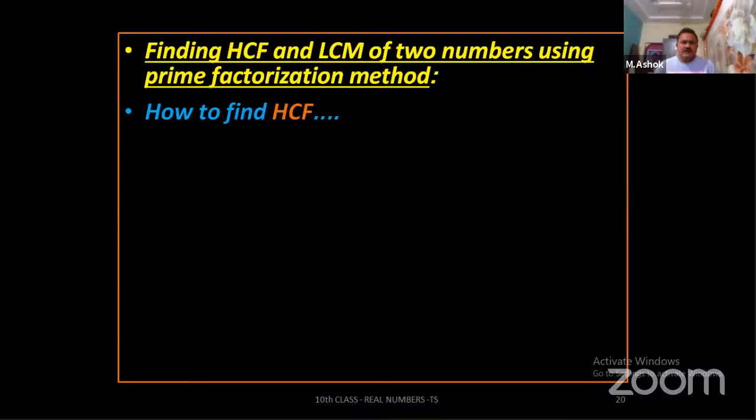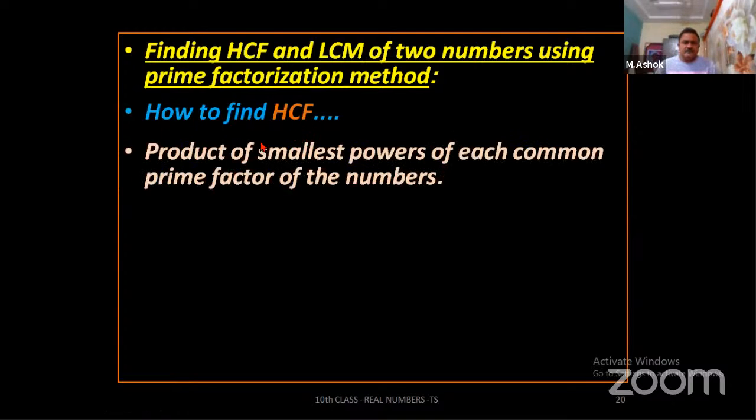How to find it using the prime factorization method? Yesterday we found it with the help of the division algorithm, and in 6th or 7th class by using the division method. Now you have to find HCF as well as LCM using the prime factorization method. Let us see how to find HCF.